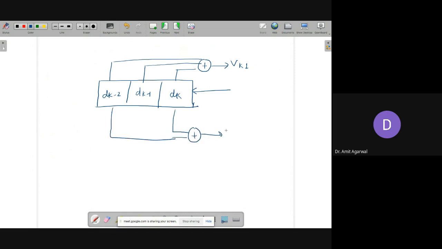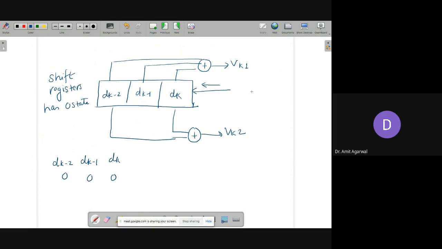The output is two bits, vk1 and vk2, and the message bits or data bits are coming from this side. Initially, we assume that our shift registers have zero state. What does it mean? It means dk minus 1 and dk minus 2 are all 0.